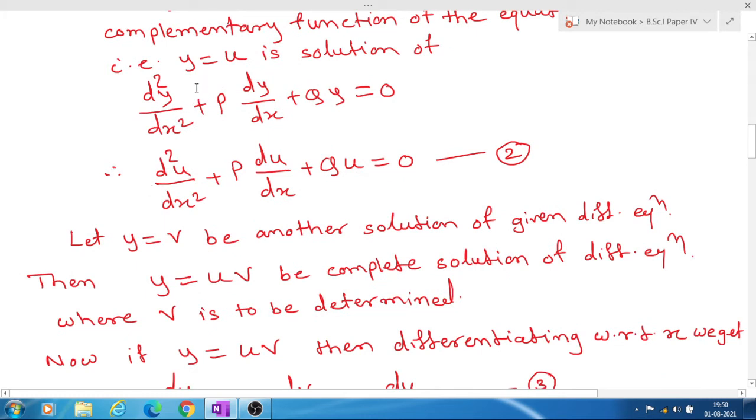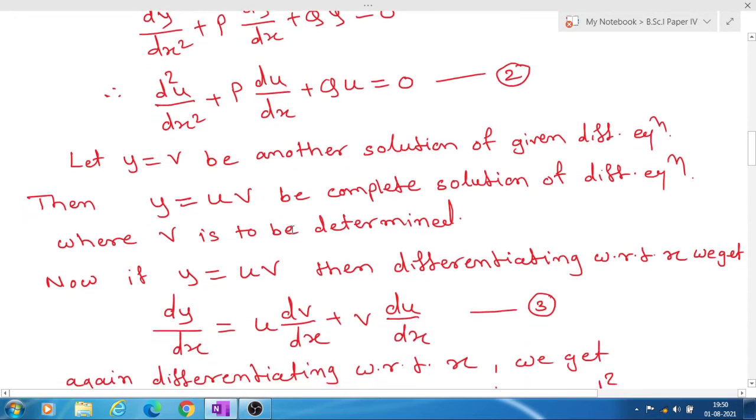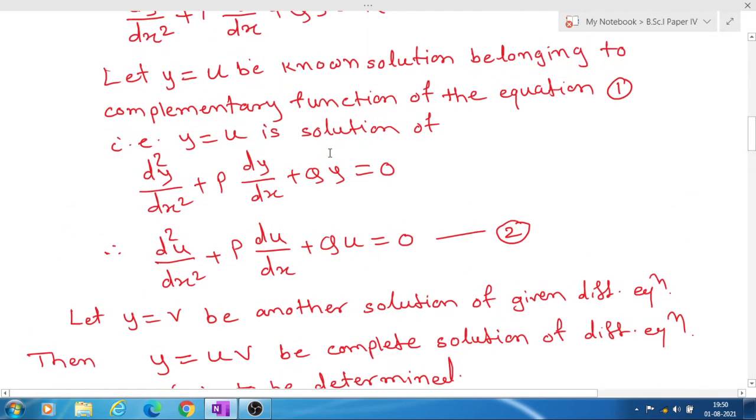Since this y is equal to u is a solution of this f(D)y is equal to 0 equation, we can put y is equal to u in this equation, then the equation will be satisfied. Therefore we can write d2u by dx square plus p into du by dx plus q into u is equal to 0. Since u is a solution of this equation, it will satisfy this equation, so we can put y is equal to u in this equation.